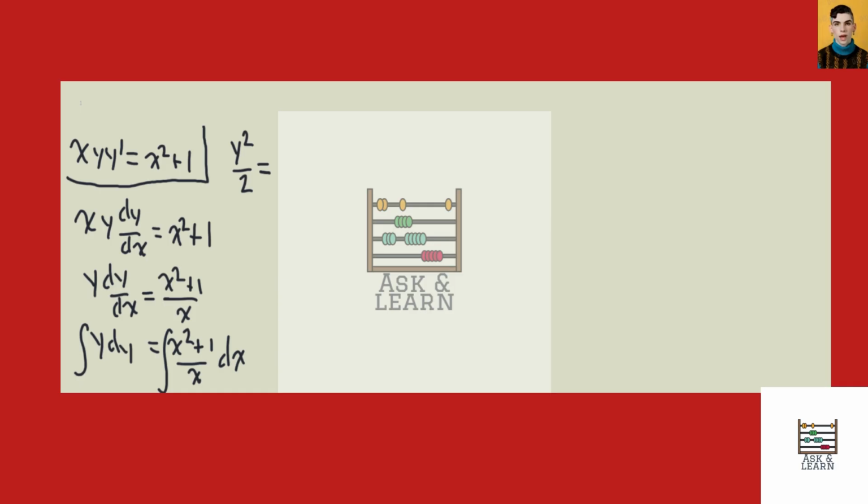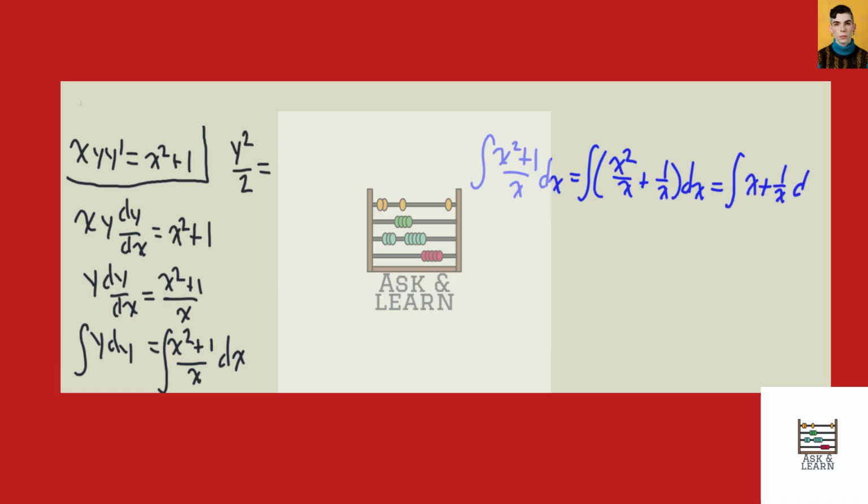The integral of (x squared plus 1) over x is also not so bad. It's just going to turn out to distribute over this numerator, so we get x squared over x plus 1 over x dx, which is equal to the integral of x plus 1 over x dx, and the integral distributes over the sum, so we get the integral of x dx plus the integral of 1 over x dx.